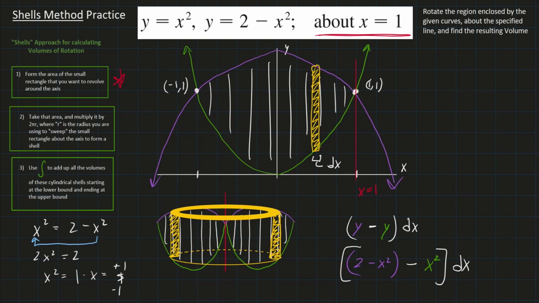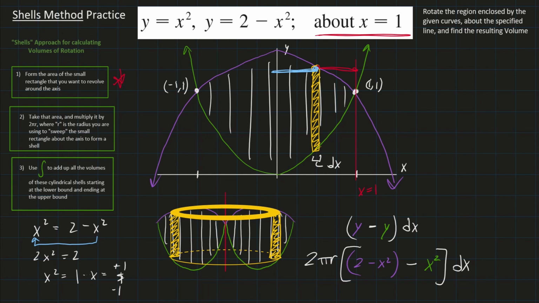Of course, to rotate it about that x equal to 1 line, gotta times this whole thing by 2 pi r. Well, on my main graph, that r will be this distance, so we're gonna have to craft that as well. Well, it's definitely not going to be simply x, because the x of this orange rectangle is this distance.